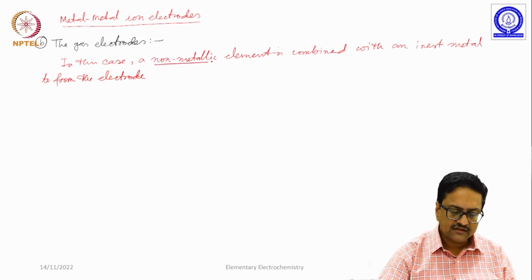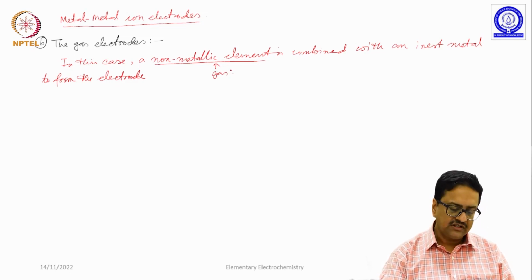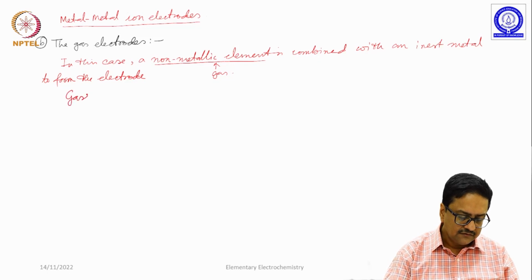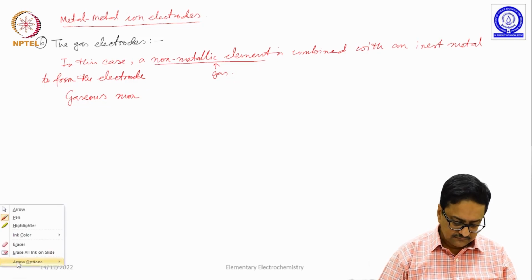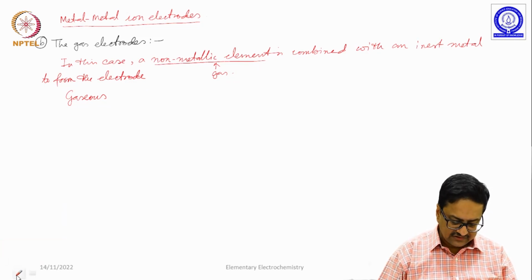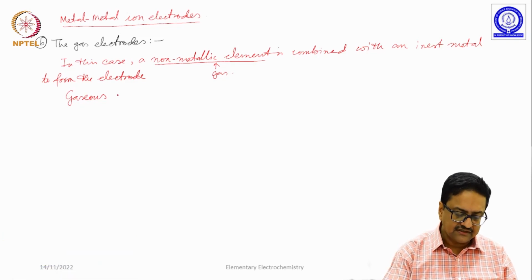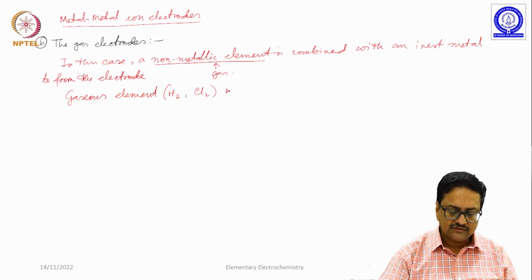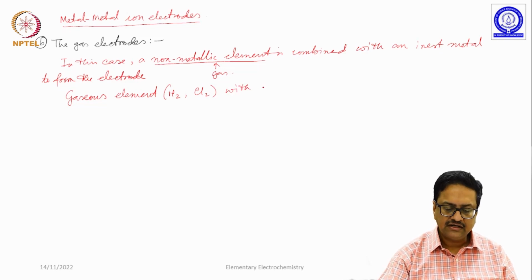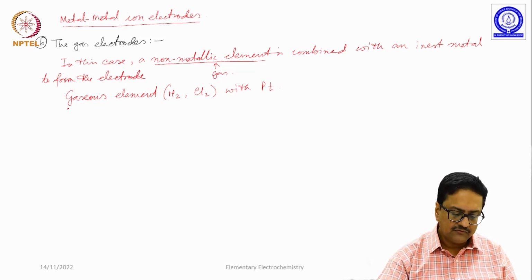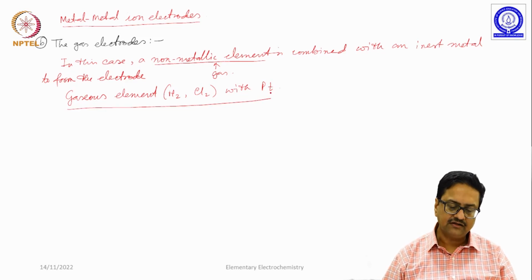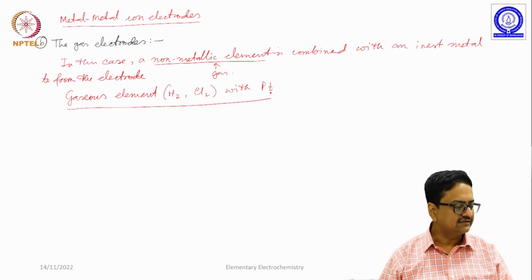And this non-metallic element is in general a gas. This combination of a gaseous non-metal, or a gaseous element like hydrogen, chlorine, etc., with an inert metal like platinum forms a particular electrode which we call the gas electrode.